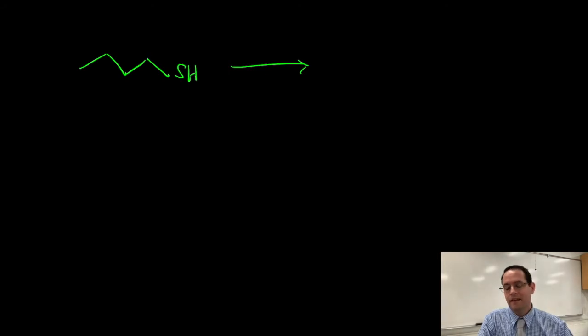Now, if you have a molecule that is a thiol to begin with, and you treat this with a base followed by, say, methyl bromide or something like this, you can convert this to a sulfide, okay?